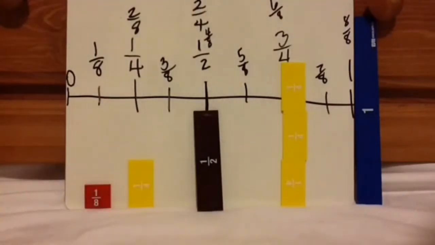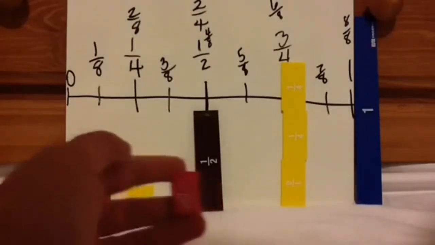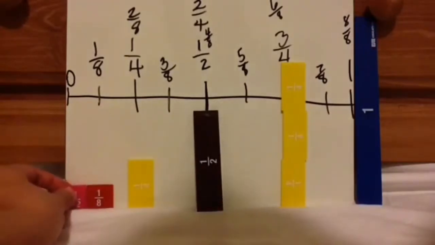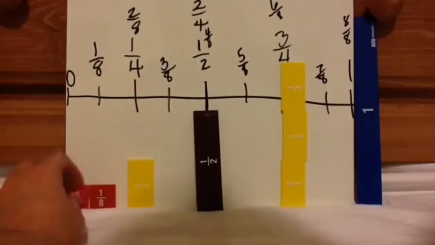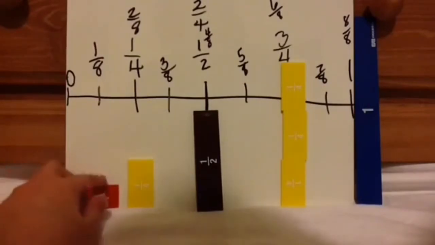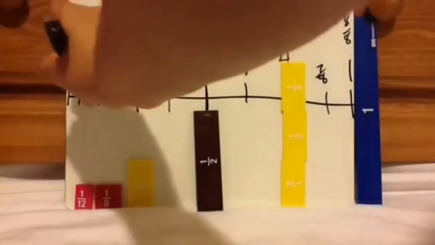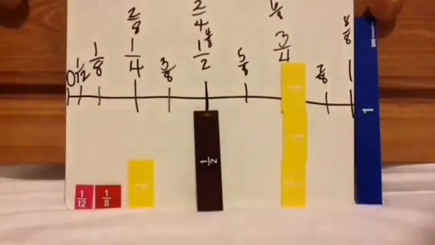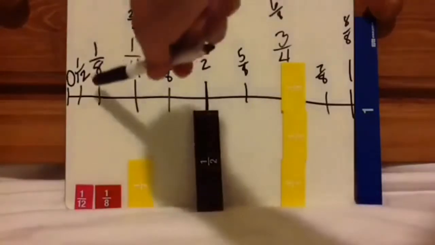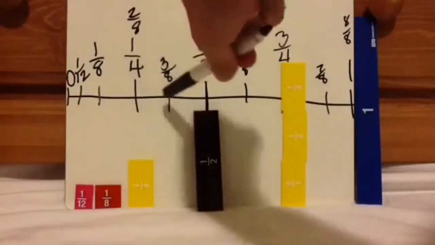Suppose someone gave you something like 1/12. If you notice, 1/12 is smaller than 1/8 size-wise. Okay, so I know 1/12 is somewhere here. So then I have 2/12, 3/12, 4/12, 5/12.